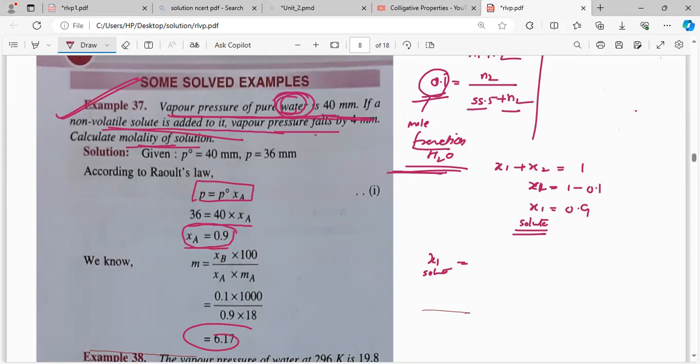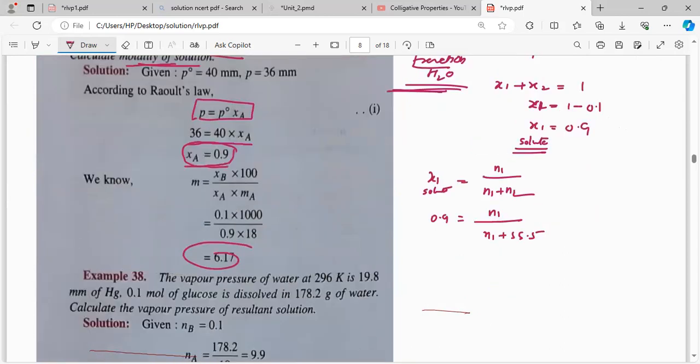So x solute is equal to n1 divided by n1 plus n2. Now x is 0.9, equal to n1, which they are asking, divided by n1 plus 55.5. So n1 is equal to 0.9 times (n1 plus 55.5). 55.5 multiplied by 0.9 is 49.95.